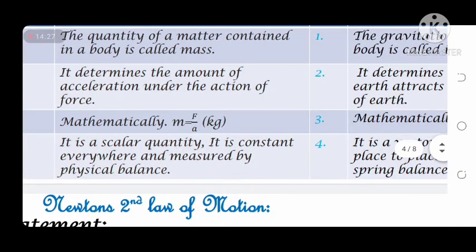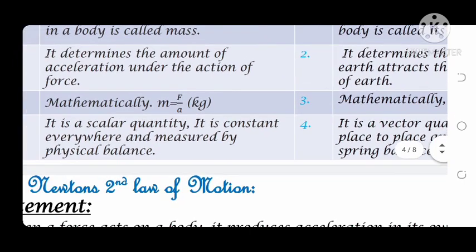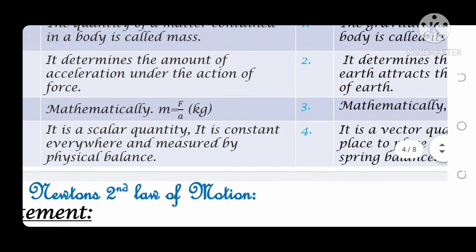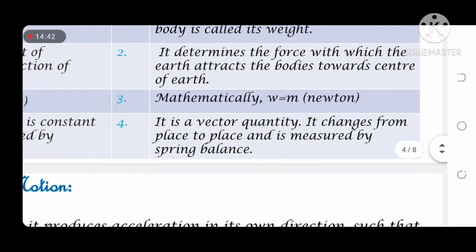Mass is a scalar quantity, whereas weight is a vector quantity. Mass is constant everywhere and measured by physical balance, whereas weight changes from place to place on the surface of Earth and above the surface of Earth.